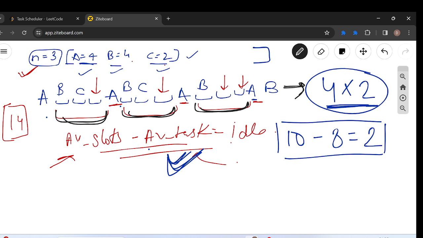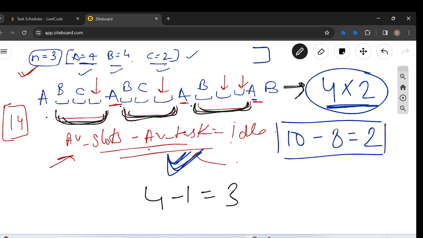Okay, so how many times is this whole big gap coming? M minus 1 times. Like if M is the maximum frequency, like 4 minus 1, 3 times we have this big gap. And in one big gap, how many smaller gaps are there?